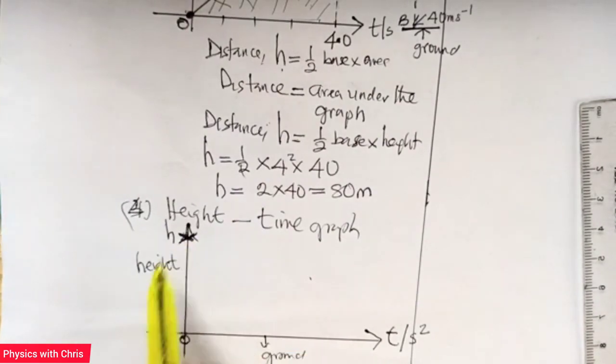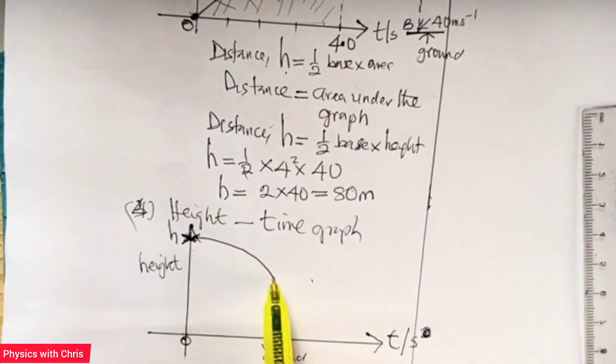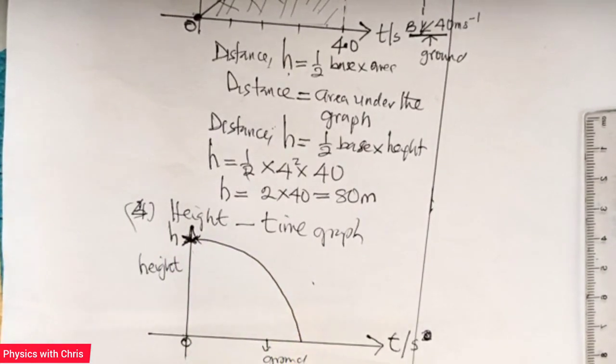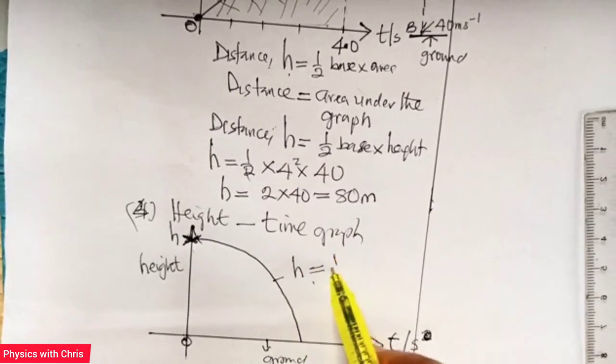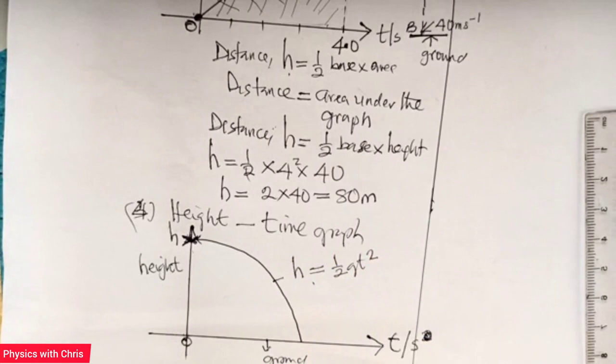The variation of the height with time, not time squared, will be non-linear like this. So it's also a parabola. This is how the height varies with time: h is equal to half gt squared. That is the equation of the graph. Okay, so it does not vary in a linear fashion with the time t.